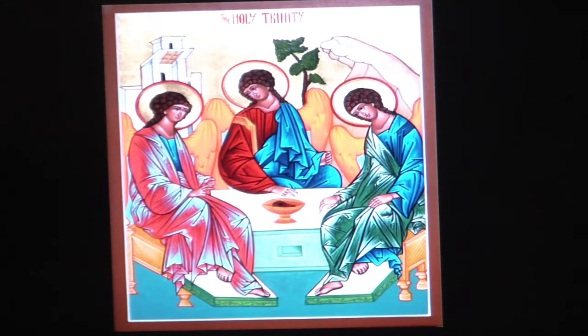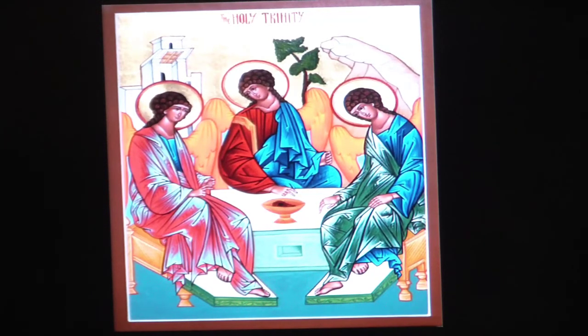And they are pointing towards, before I go there, this icon is actually taken from an event in the Old Testament. Okay, so there's a story in the Old Testament called the Hospitality of Abraham, where 3 messengers come to Abraham and visit him, and then announce to Abraham that they are going to have a child, right? And in the Orthodox tradition, this story is interpreted by the fathers as the Trinity visiting Abraham at that time.